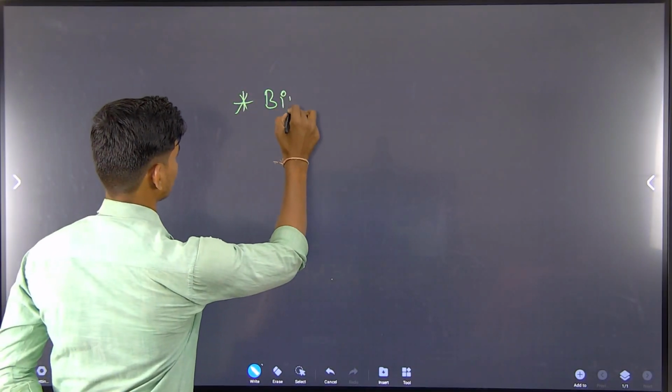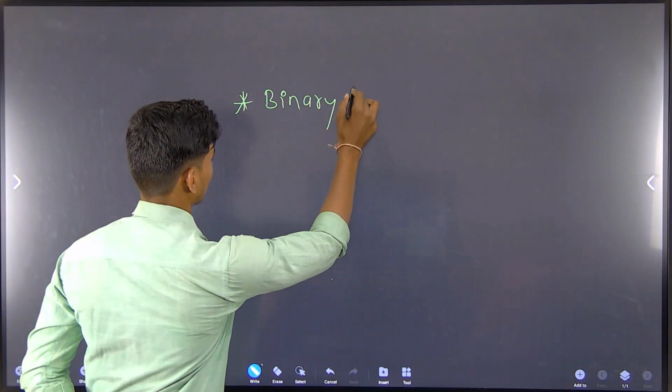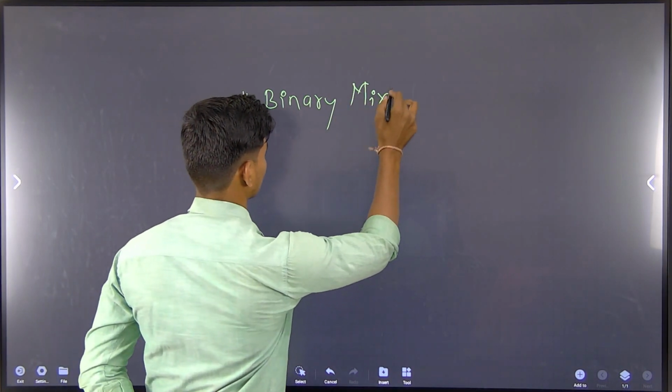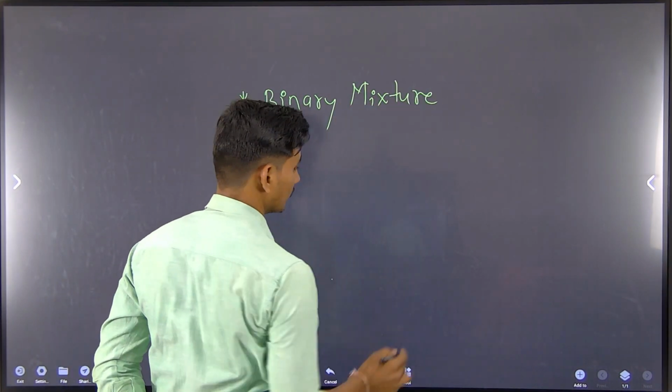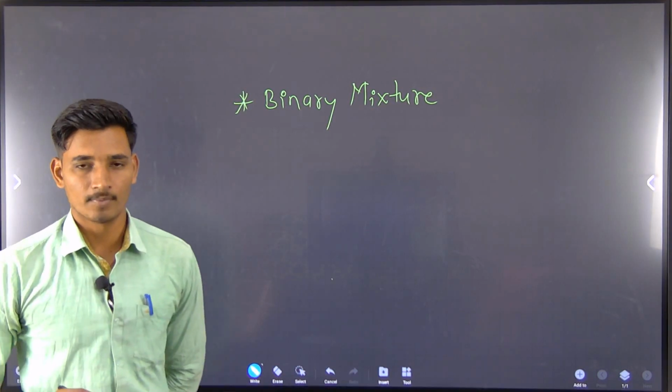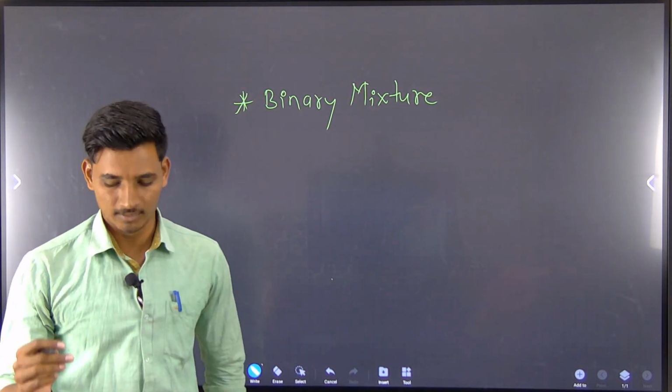First of all, the binary mixture. A binary mixture is nothing but a mixture of two chemical compounds. They have different natures.